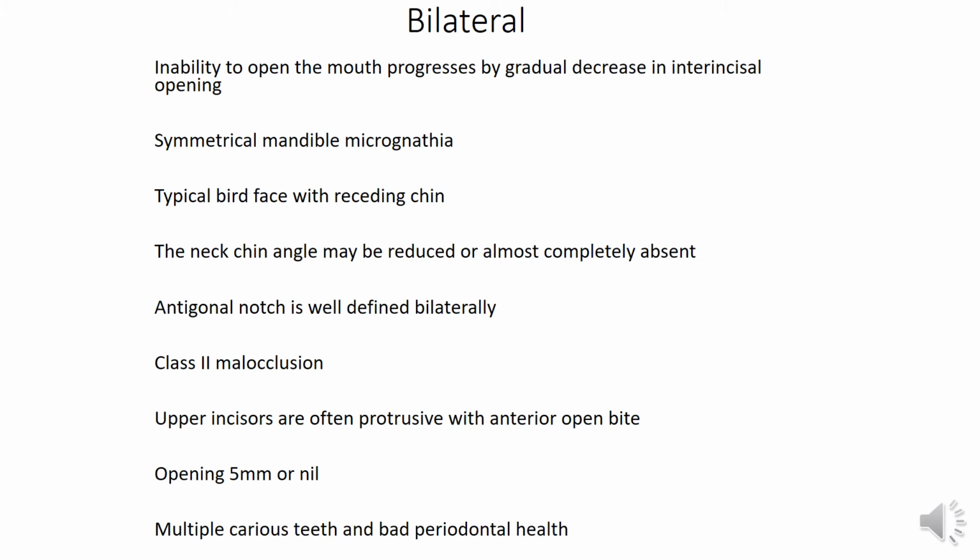Class 2 malocclusion. Upper incisors are often protrusive with anterior open bite. Mouth opening is 5 mm or less than that, or no mouth opening. Multiple caries and bad periodontal health because maintenance of oral hygiene is not possible due to limited mouth opening.